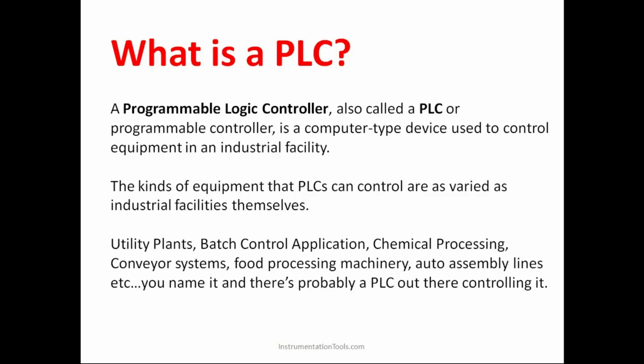In batch control applications, obviously sequential programming will be required. Similarly, chemical processing requires analog programming, that means process level programming. Conveyor systems, food processing machinery, auto assembly lines, etc. All these are examples of different processes which are to be controlled using PLC itself.